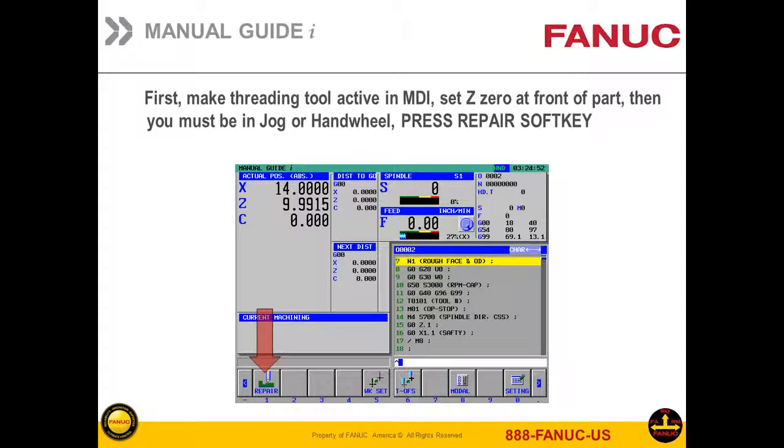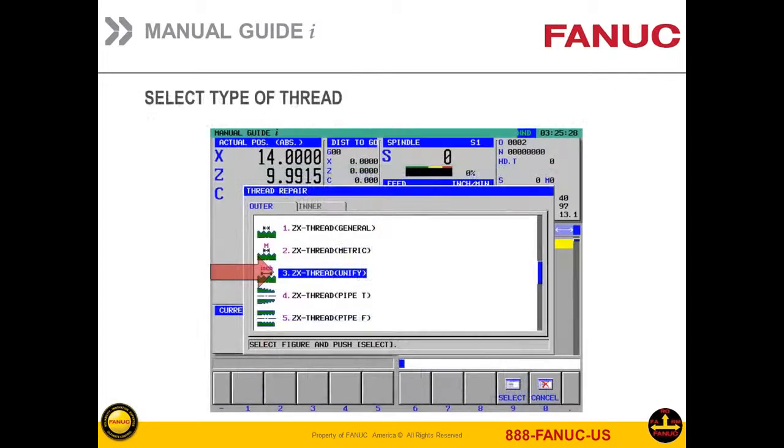Once you get into that, you press right shift key. You know what that is. Talked about that. And you press that once, it'll get you to this screen where it has a repair soft key. So you press the repair soft key, and that will take you to this screen.